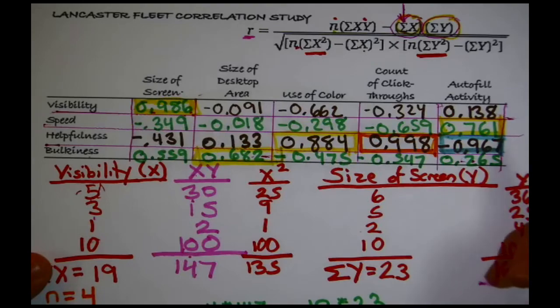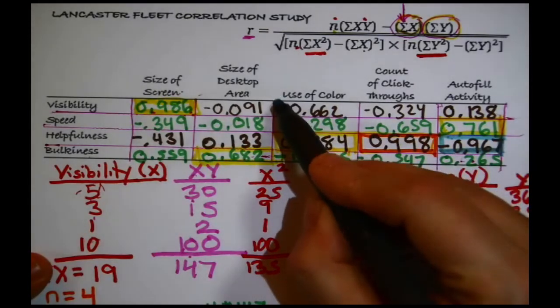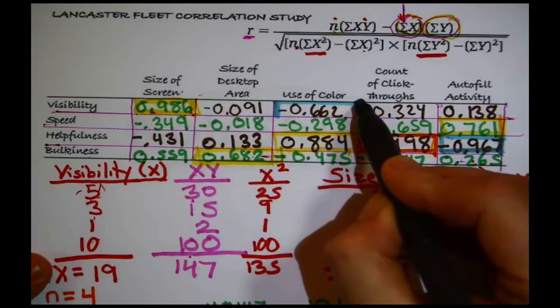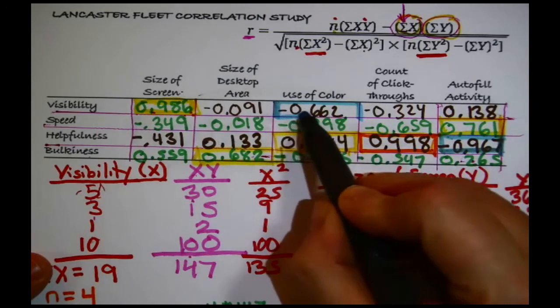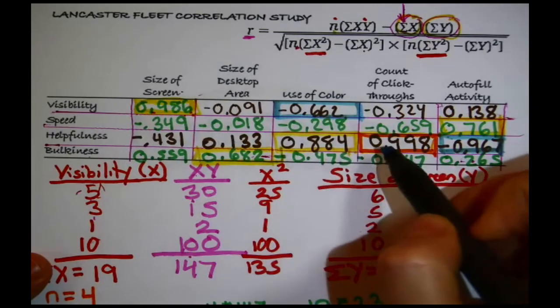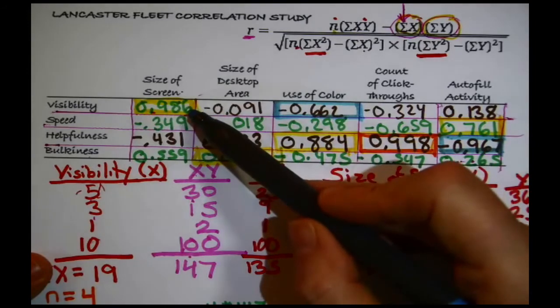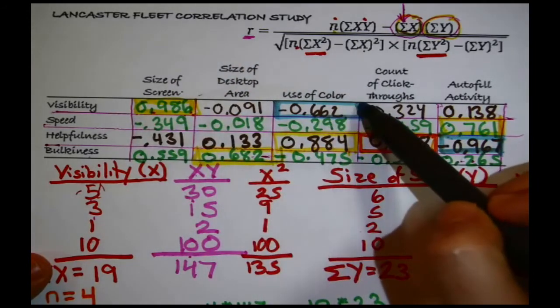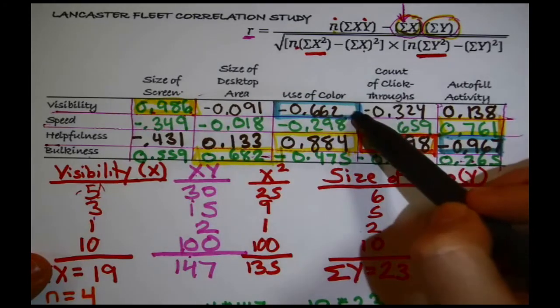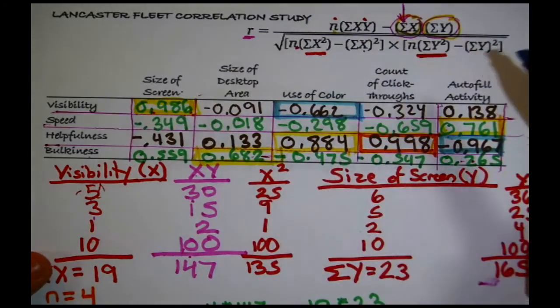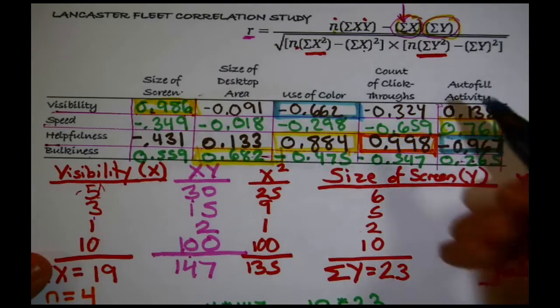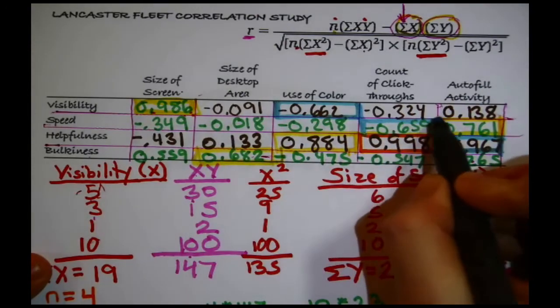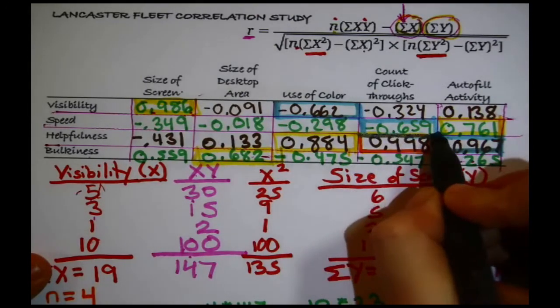All right, what else? Well, there is at least a score below negative 0.6. Visibility and use of color. So while the size of the screen seems to go with good scores for visibility, it looks like a high score for use of color seems to work against the score for visibility. Interesting. Here's another one right here. I'm just looking for the ones that are below negative 0.6.